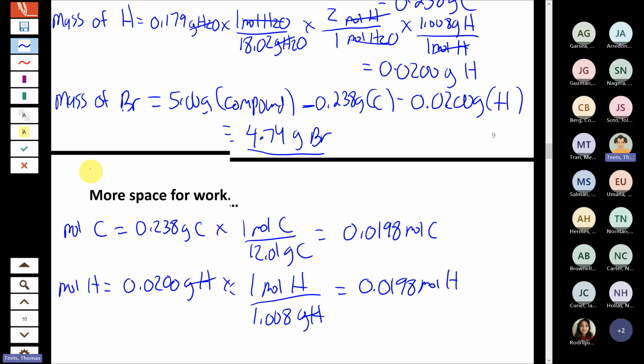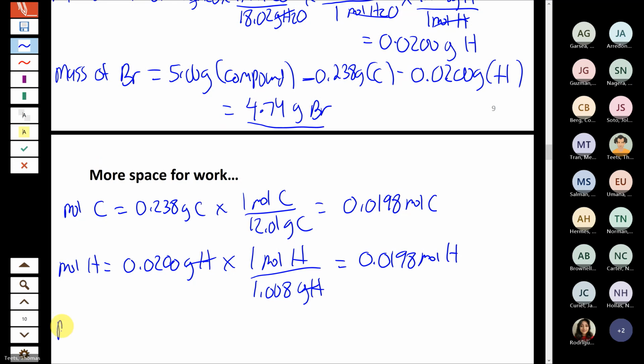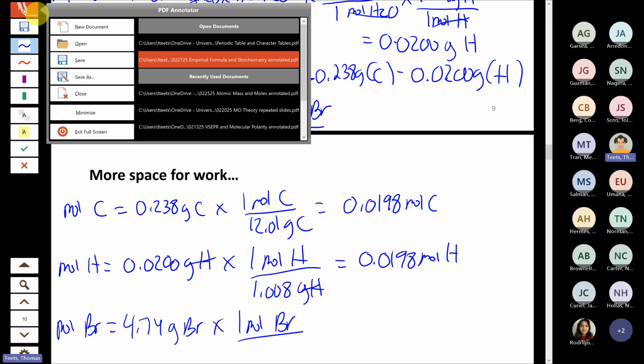And then finally, for bromine, we found by difference that there's 4.74 grams of that element. That doesn't come directly from the combustion data. And the atomic mass of bromine we haven't used yet, so we'll have to look that up in the periodic table.